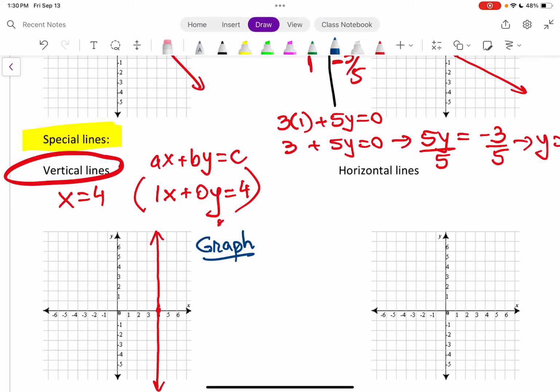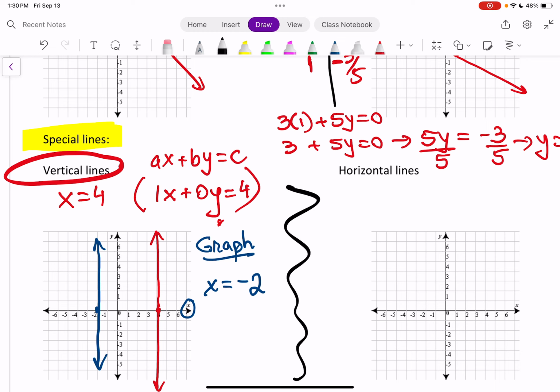Now, you know you're dealing with an equation in two variables because the instructions will say graph. So when I have to graph x equals -2, I go on the x-axis at -2, and I draw a visible line.